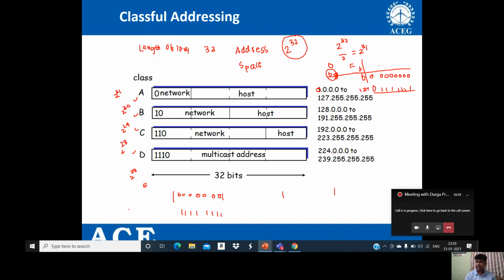So the possible range of addresses in class A is 0.0.0.0 to 127.255.255.255. The reason is simple: in class A, the first bit of the first byte is always 0. Right? This is about class A.